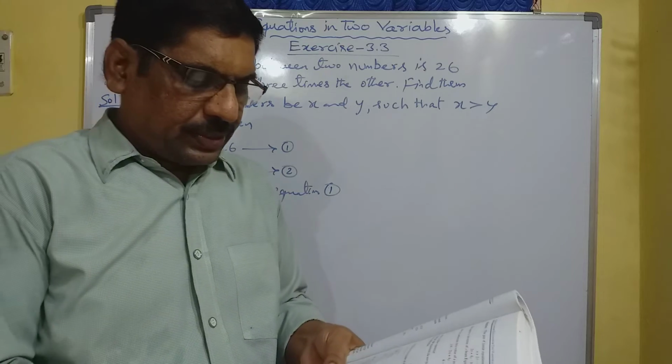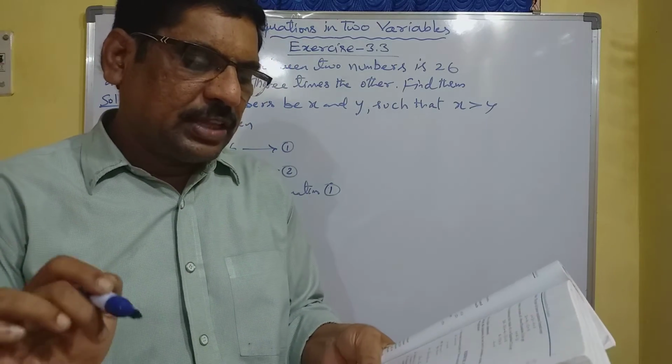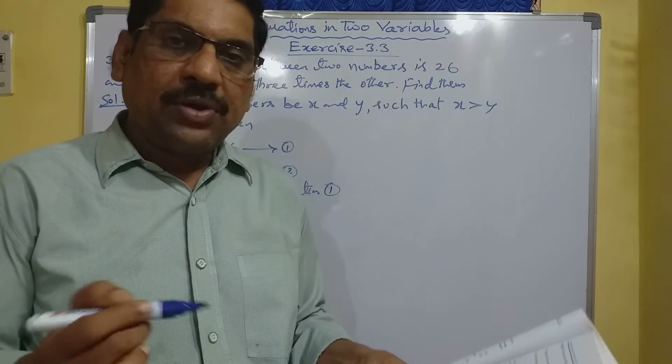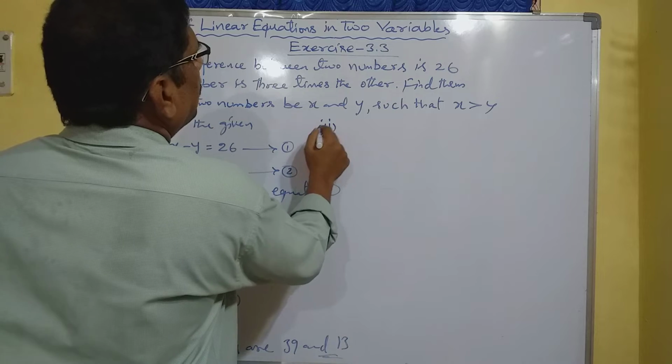Now look at the second problem from the third Roman. That is, the larger of two supplementary angles exceeds the smaller by 18 degrees. Find them. Now let us do the second problem here.